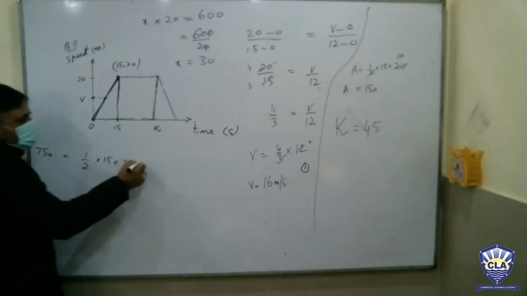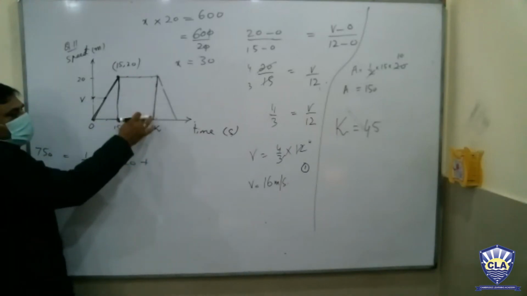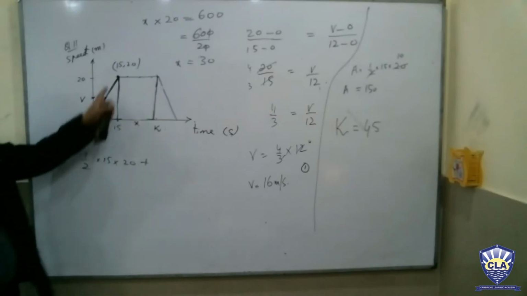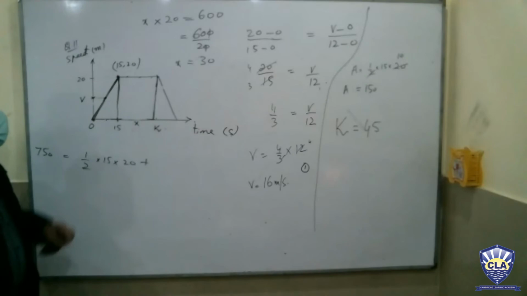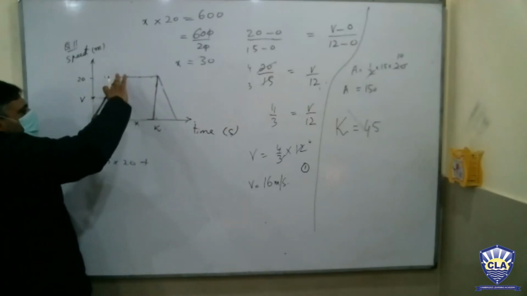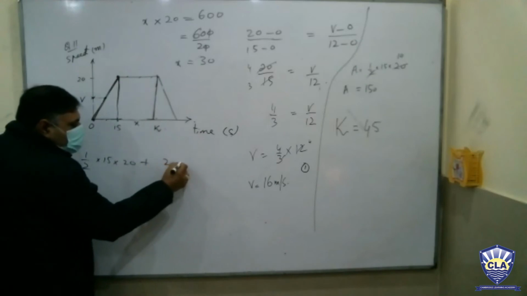One area is 150 plus the second area, 600. This length is x and height is 20, so 20x.